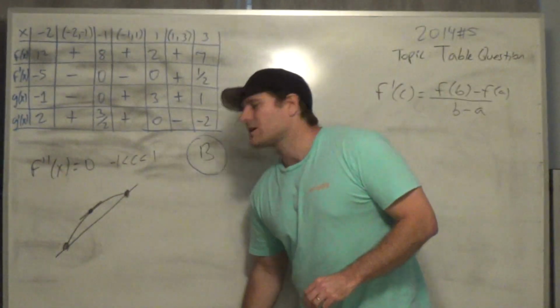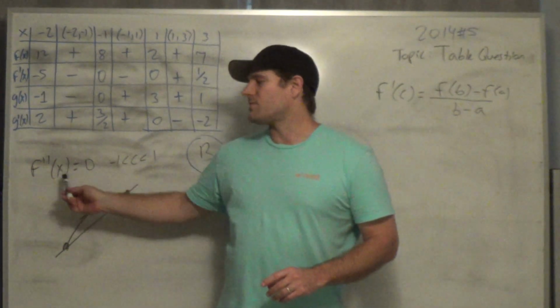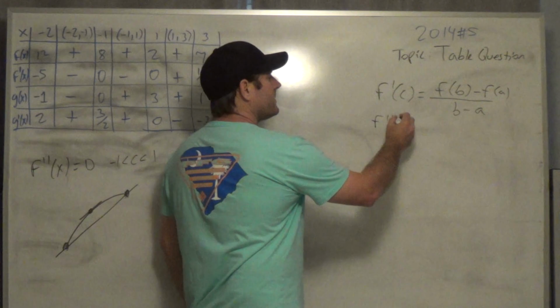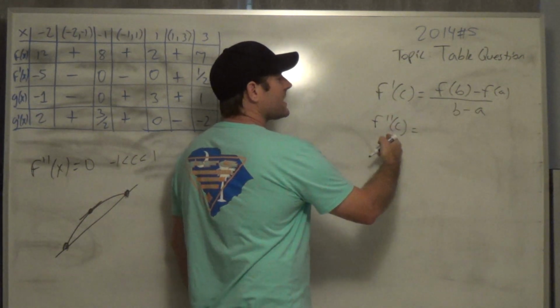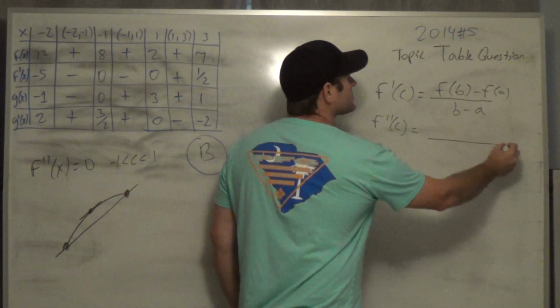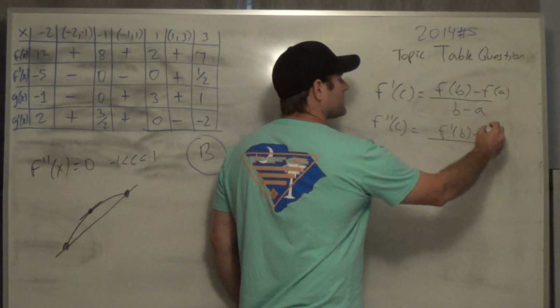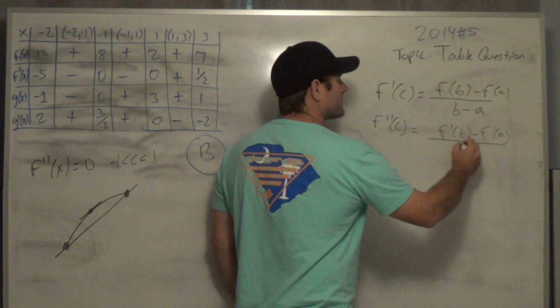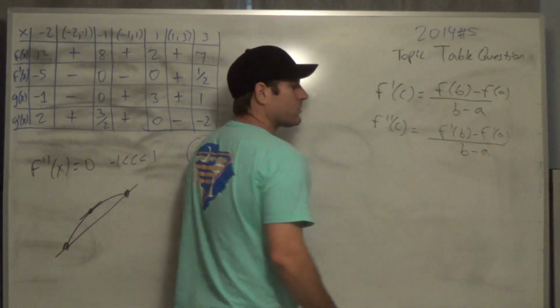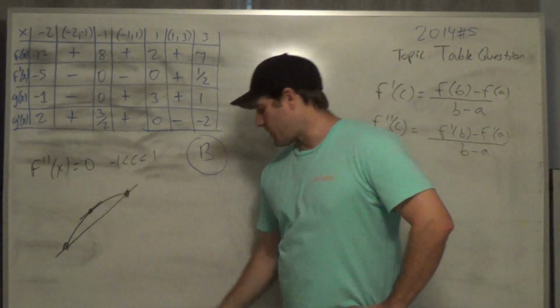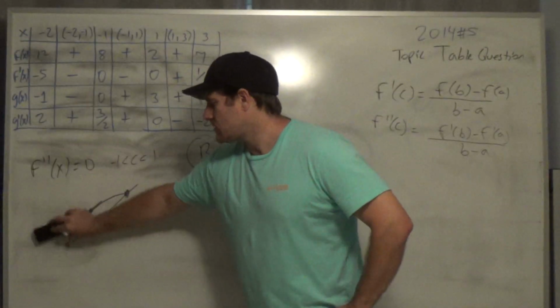So how is that going to work here? We're trying to prove something about the second derivative. So if I want to prove something about the second derivative, I need to know the slopes through the first derivative. And that's what we're going to use. And they really help us out by telling us which ordered pairs we're going to use.